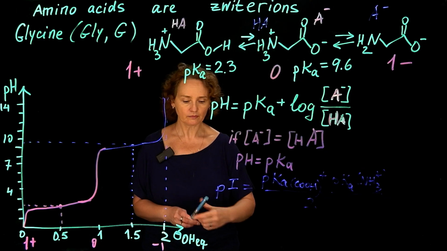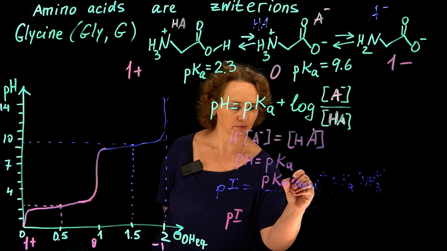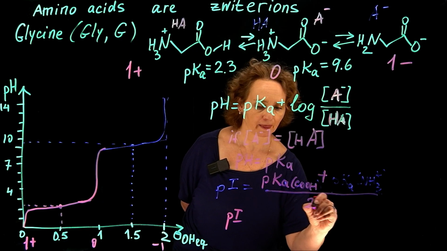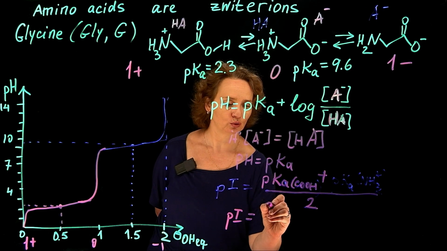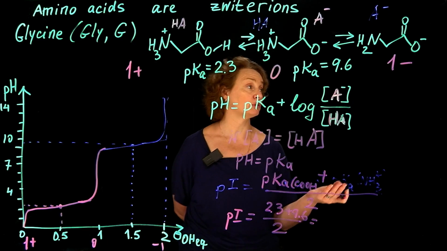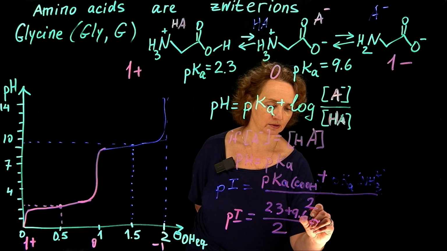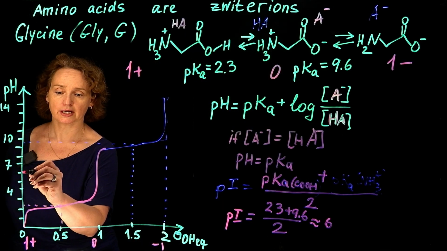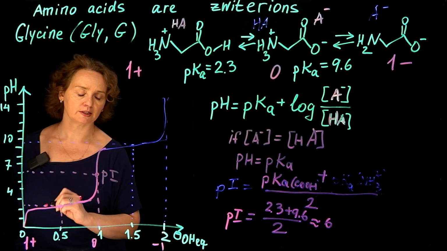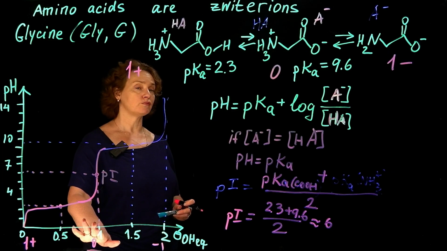And if we plug those numbers, for glycine, it would be 2.3 plus 9.6 over 2, which is 11.9 over 2, so we'll say around 6. So we can say that right here is our PI, and not surprisingly, it exactly corresponds to the neutral form of glycine.